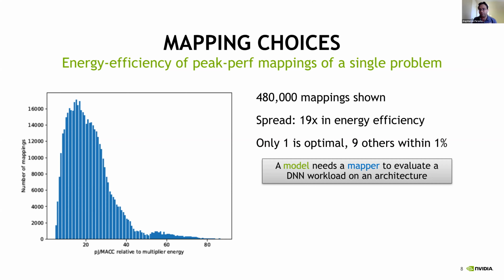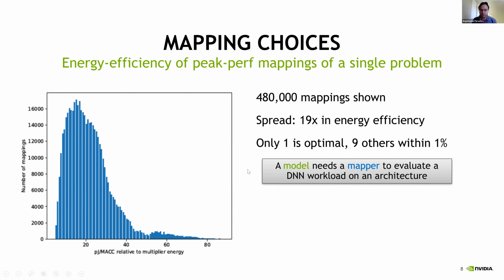And look at the large number of mappings possible. It's unlikely that a human is going to be able to arrive at the optimal mapping for a large number of workloads across a large swath of architectural choices if you're doing an architectural design space sweep. Okay, so a model needs a mapper in order to do a faithful evaluation.